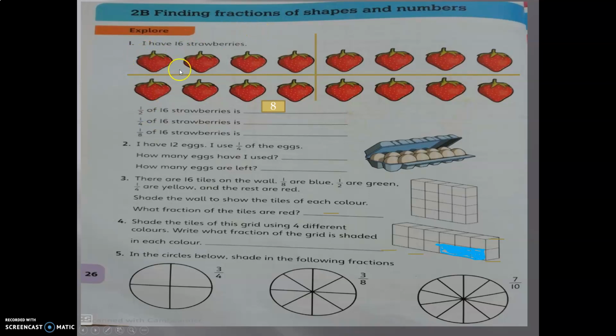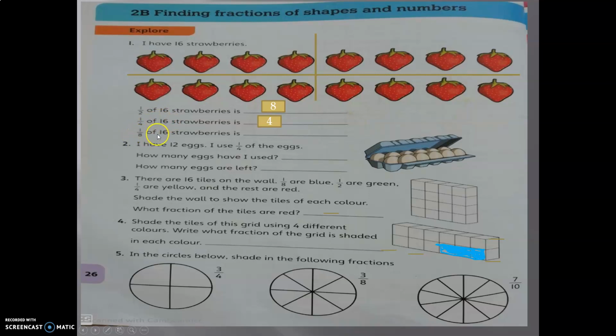How many strawberries do you have in one part out of the 4 equal parts? We have 4 strawberries. Also, to make sure that your answer is right, if you multiply 4, your answer, by 4, the denominator, it gives you the total 16 strawberries. Okay, let's go to the next question.